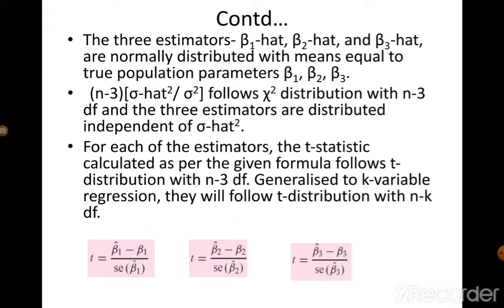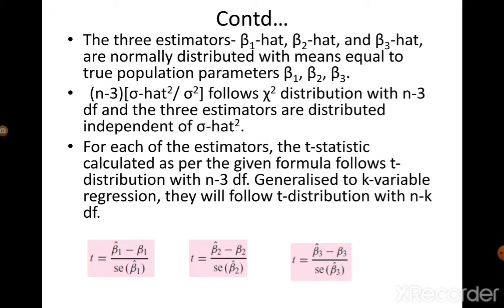Similarly, the ratio of variances, that is sample variance to population variance, will follow a chi-square distribution with n minus 3 degrees of freedom.